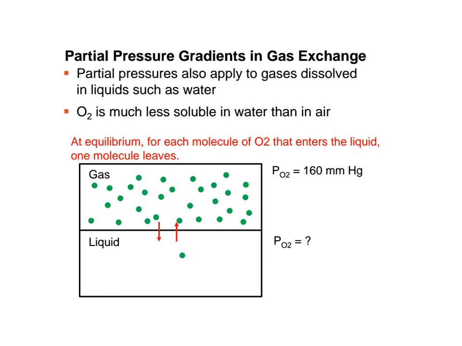So there's no net movement of oxygen. So that's an equilibrium condition. So under these conditions, if the PO2 is 160 millimeters of mercury in the gas, then it's also 160 millimeters of mercury in the liquid. So we can write that down here. It's 160 millimeters of mercury, given that we're at equilibrium.